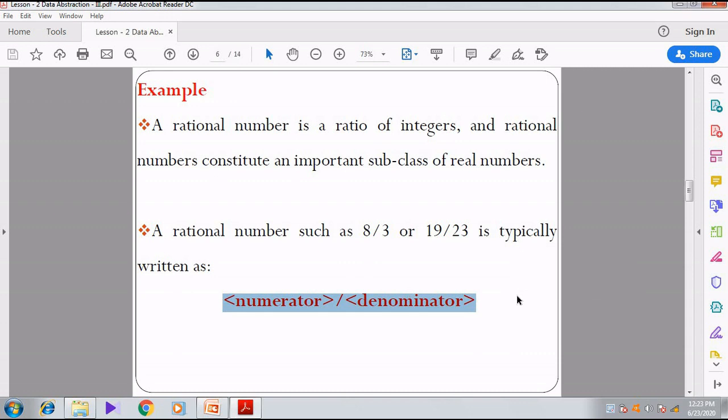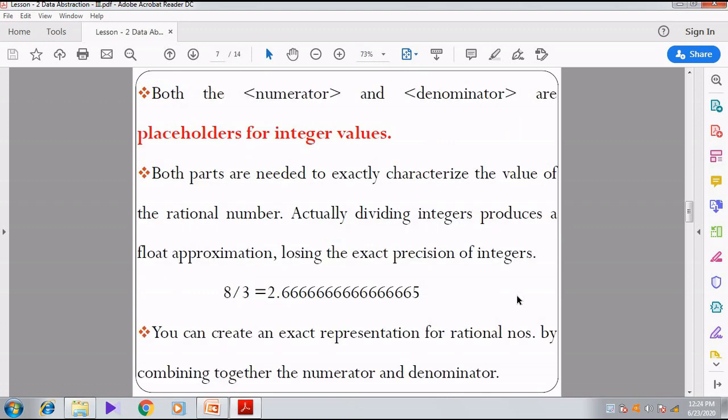Right, in the lower classes itself you might have studied this. Both the numerator and the denominator are placeholders for integer values. What is meant by placeholders? They hold a value in one particular place, so that is why they are called placeholders.